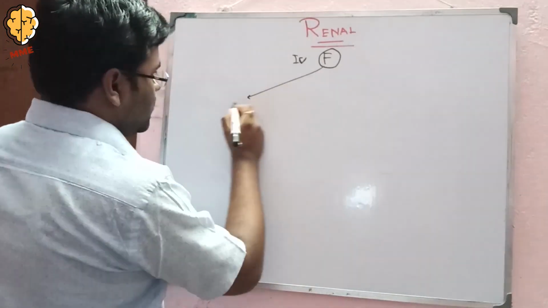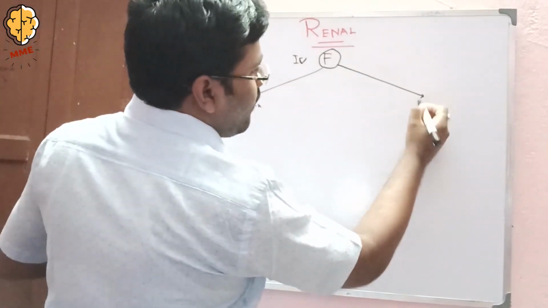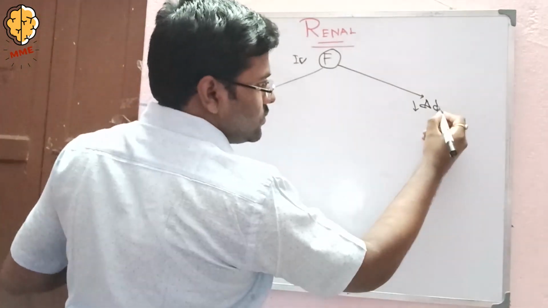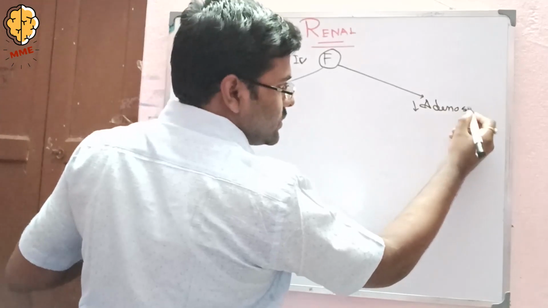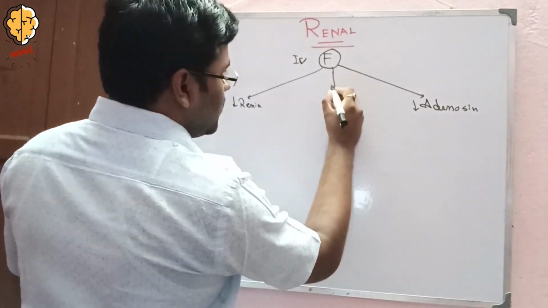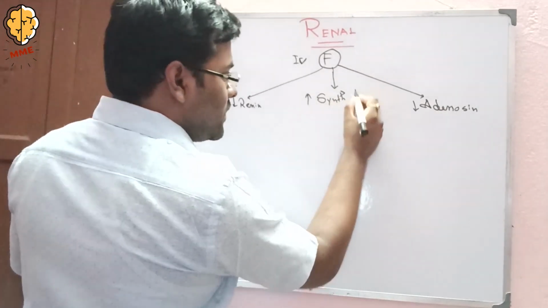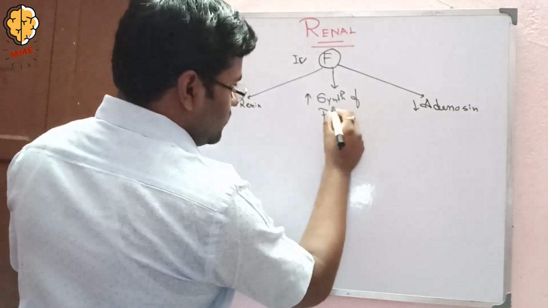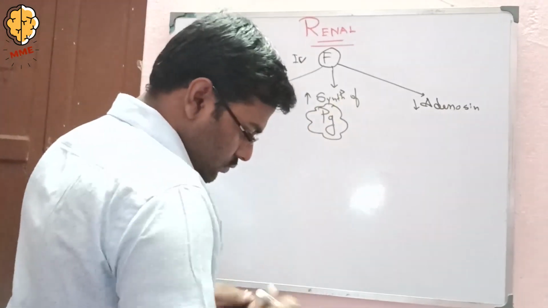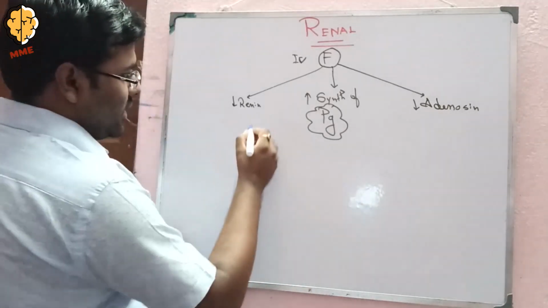First of all, it decreases renin. It decreases adenosine. We know that. Previously we talked about it, okay? And it increases the synthesis and release of prostaglandins.